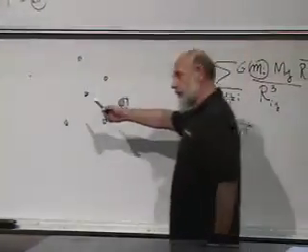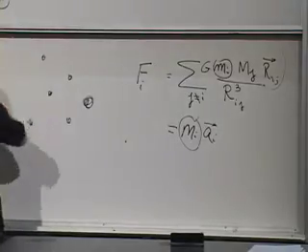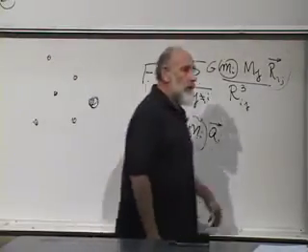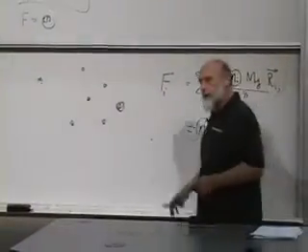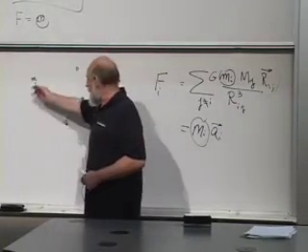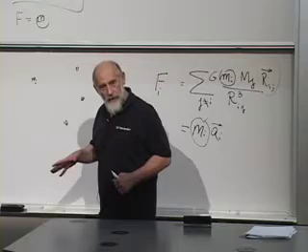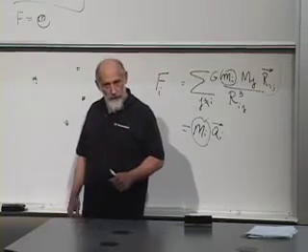Each term is proportional to the mass of this extra particle. This extra particle, which may be imaginary, is called a test particle. It's a thing that you're imagining testing out the gravitational field with. You take a light little particle, put it here, and see how it accelerates. Knowing how it accelerates tells you how much force is on it.